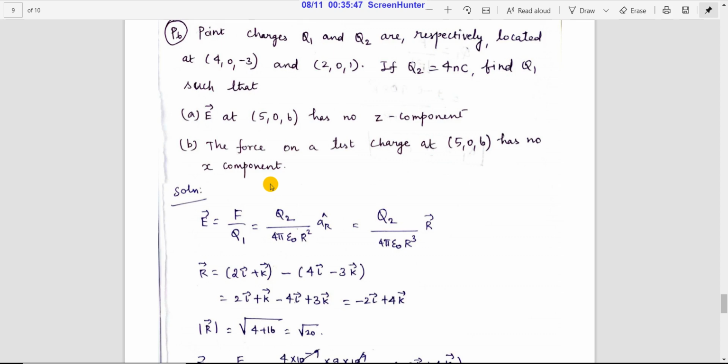Here you have to notice one thing in mind that we have discussed about Coulomb's law. In the limitations of Coulomb's law, if you refer to that video, we have given a limitation: you cannot find out the value of another charge which is having a force on one charge.